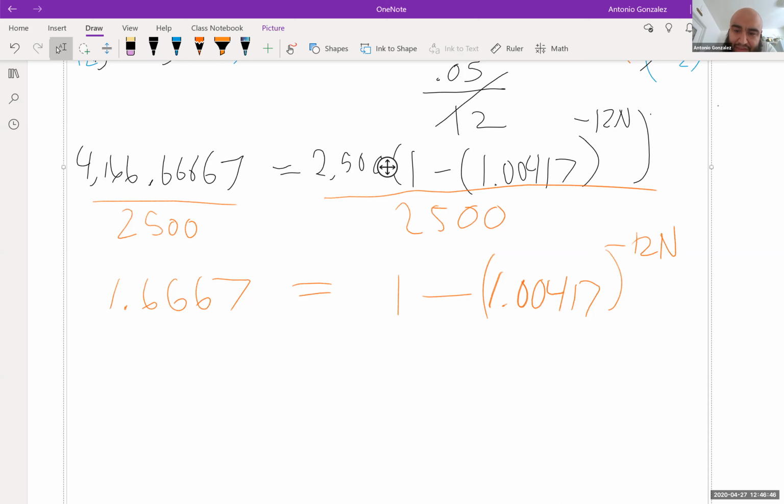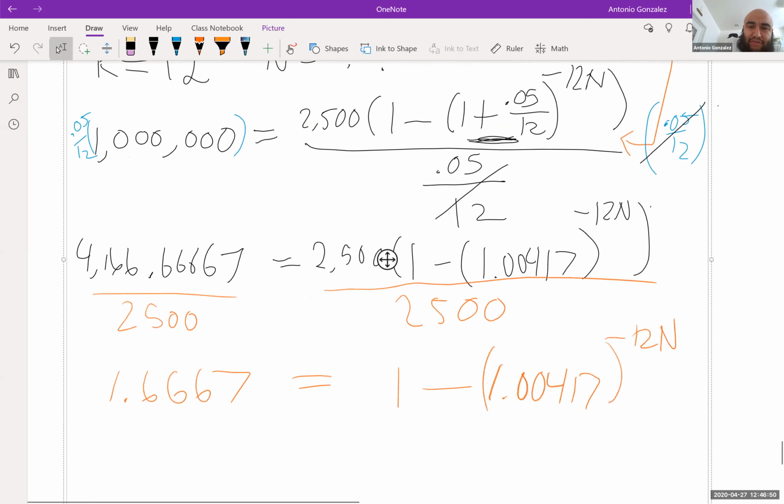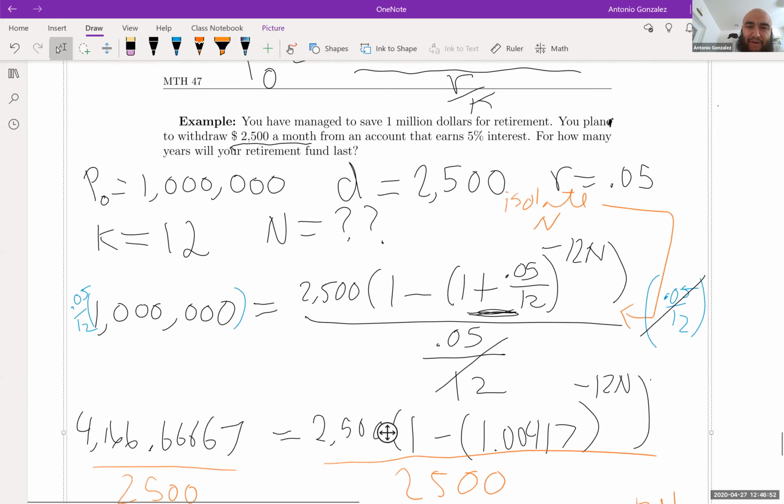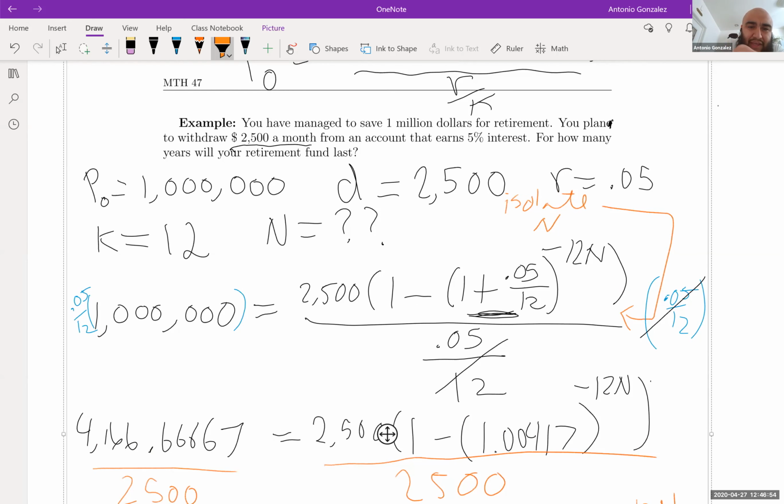The problem is a bit faulty, so I'm gonna change one thing here in my notes: instead of 2,500, I want to change this to 5,000.